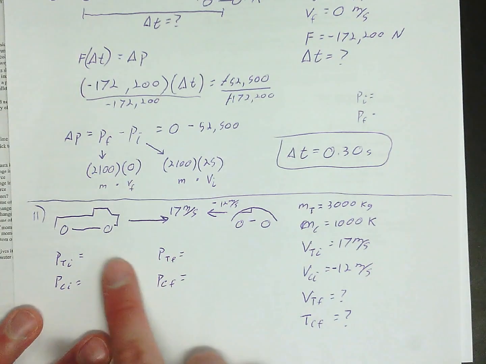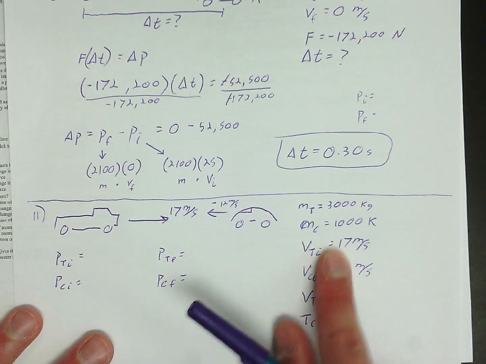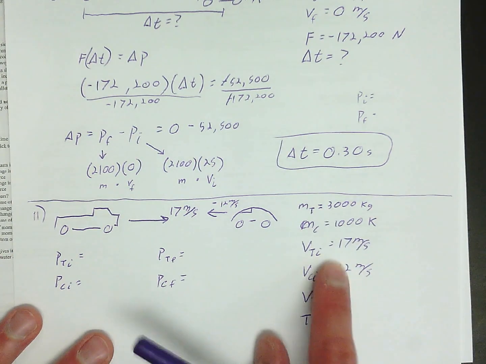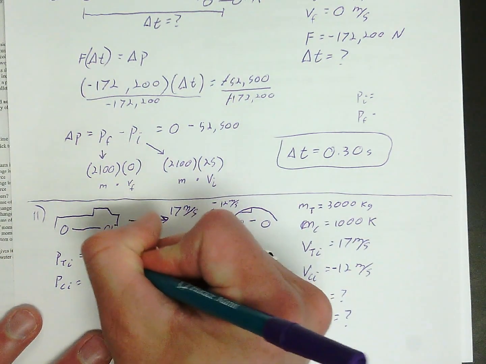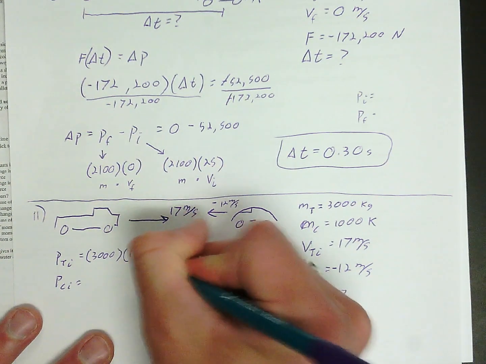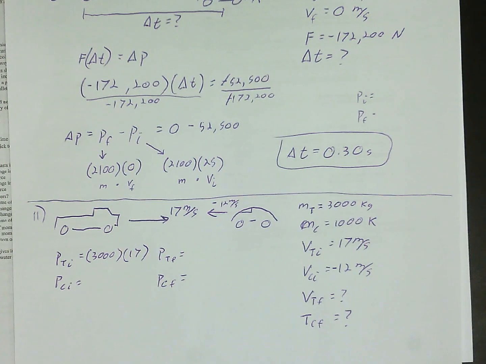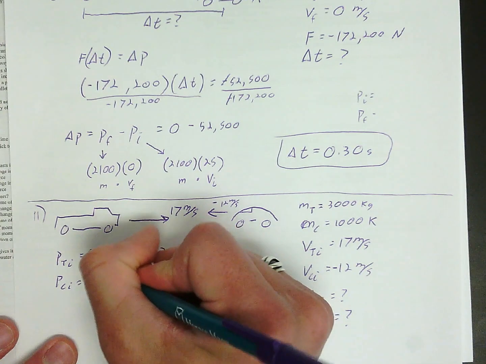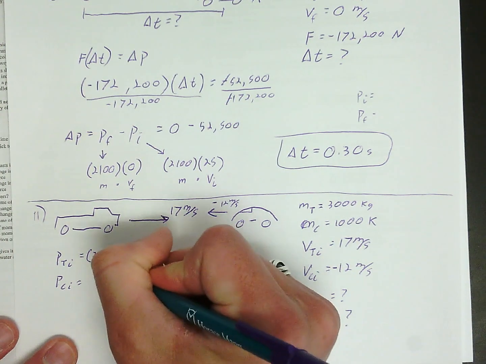So the initial momentum for the truck is going to be 3,017, which gives me an initial momentum for the truck of 51,000.